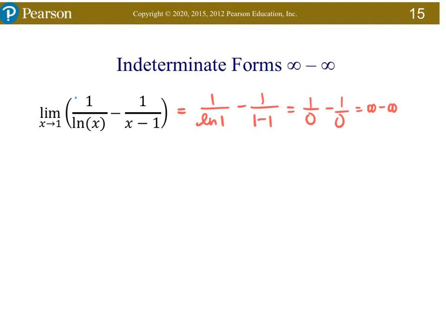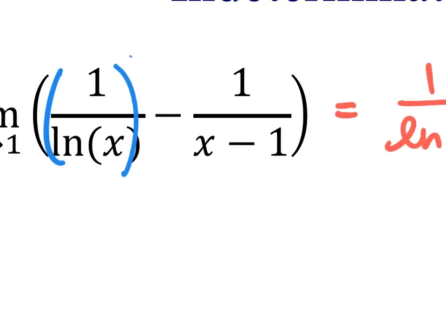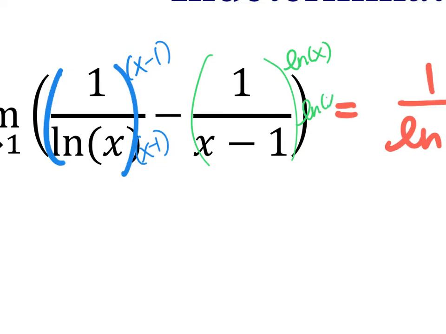So we need to express this as a quotient by getting common denominators. We'll do that by multiplying the first term by the expression x minus 1 in both the numerator and denominator. And then we'll do the same thing by multiplying the second term by the natural log of x in both the numerator and the denominator.